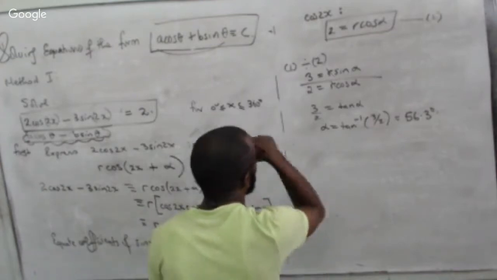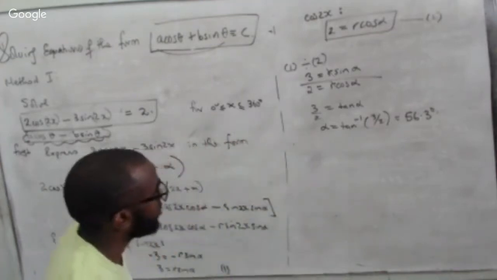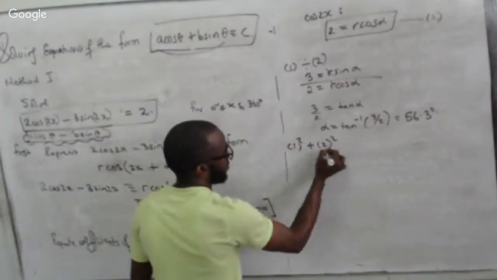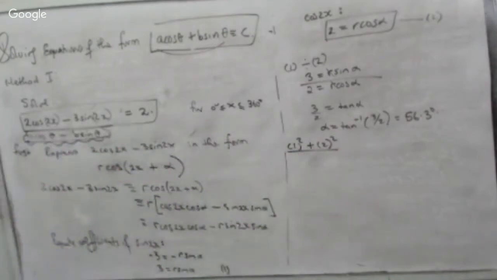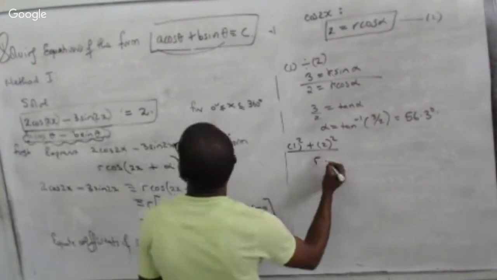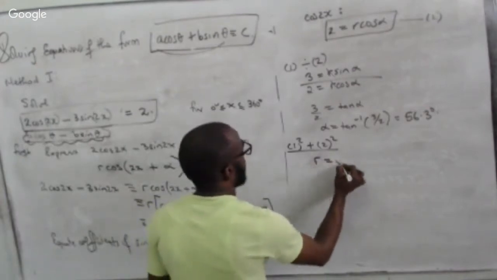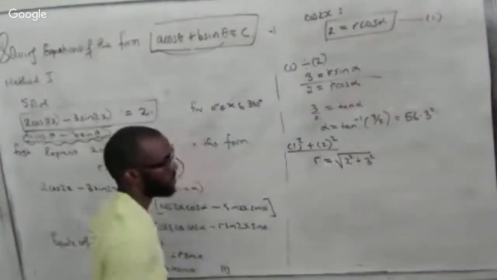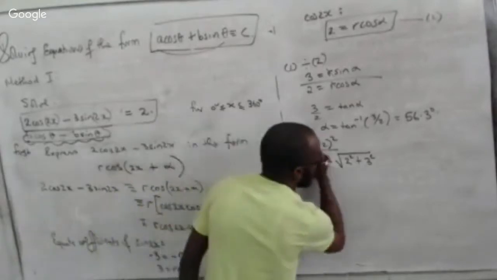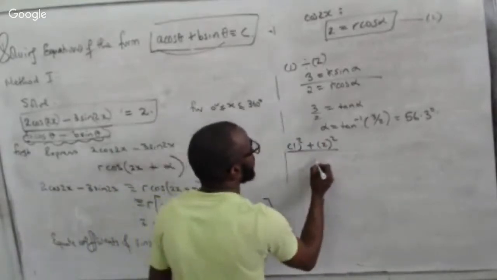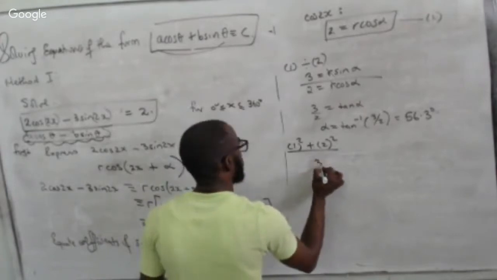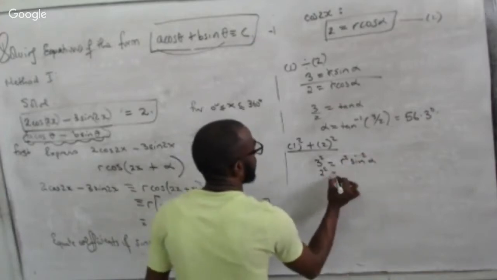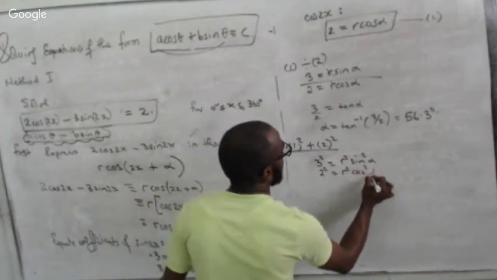By the way, how do I solve for my r now? Remember, it's always 1 squared plus 2 squared. You can recall that, or you can say 3 squared equals r squared sine squared alpha, and 2 squared equals r squared cosine squared alpha.